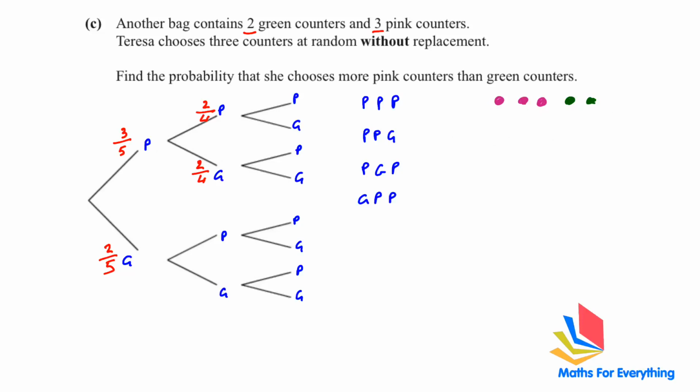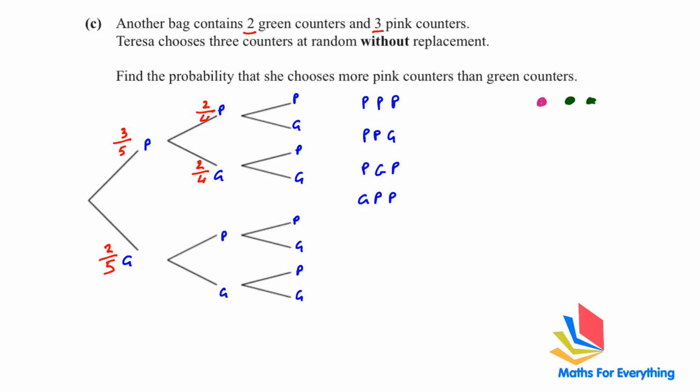And for green, it is 2 out of 5. Now we picked up one pink counter and we are not going to put it back. So how many pink counters are there? 2. And how many green? 2. And total number of counters? 4. Then we pick up one more pink counter.